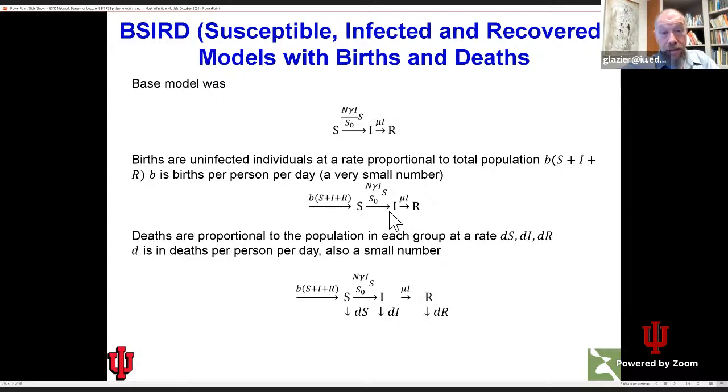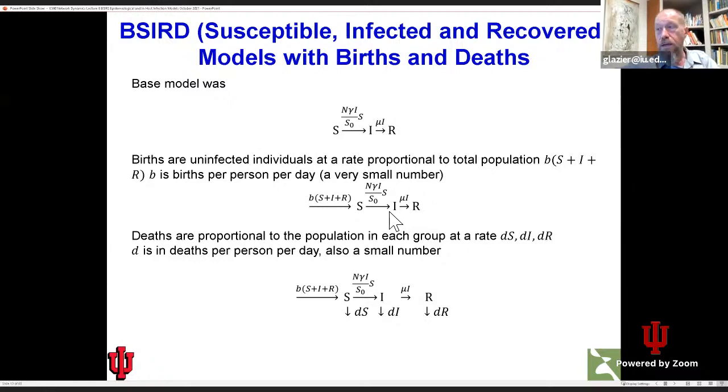And women only represent half the population, so you have to divide by 2 again. So the birth rate would be 1/2 times 80 times 365. Clearly, that's a rate that's very small compared to everything else that's going on in the system.